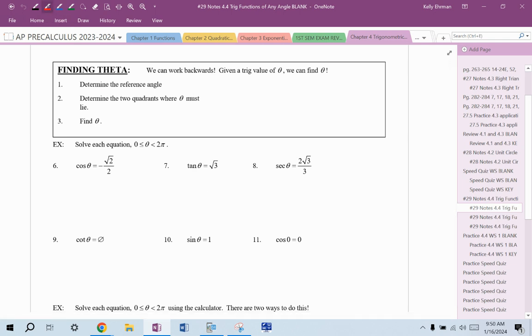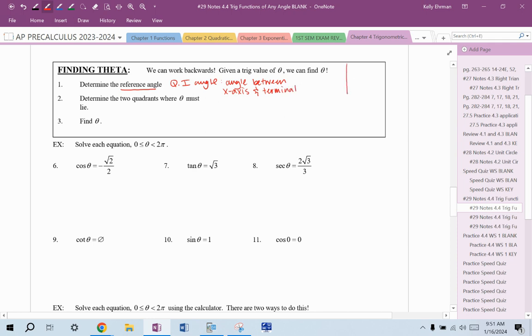And what is a reference angle? A reference angle is a quadrant 1 angle. It represents the angle between the x-axis and the terminal side of the angle you're looking at.